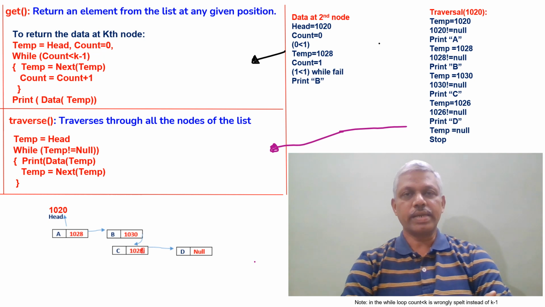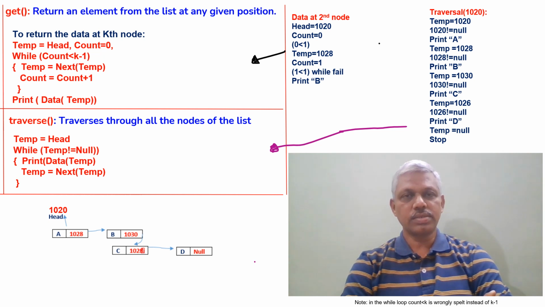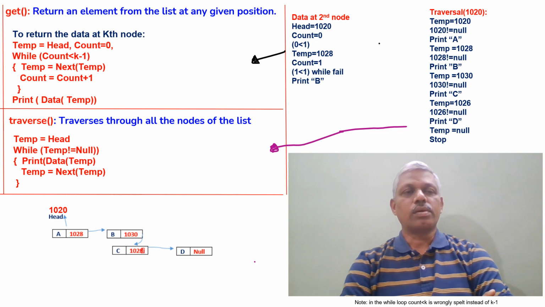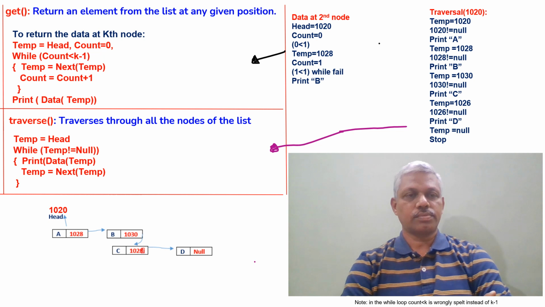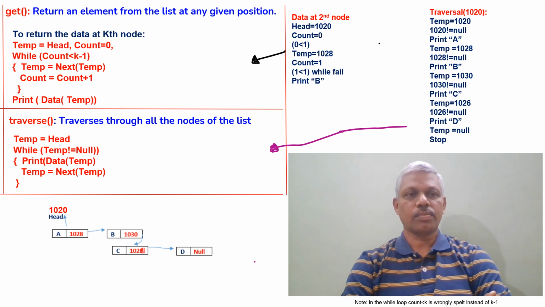That is why I update temp as next of temp, and count is incremented. This continues until I reach the kth node. Once I reach the kth node, the while condition fails, and temp holds the memory address of the kth node. Now, whatever data is present in the kth node, we print that.